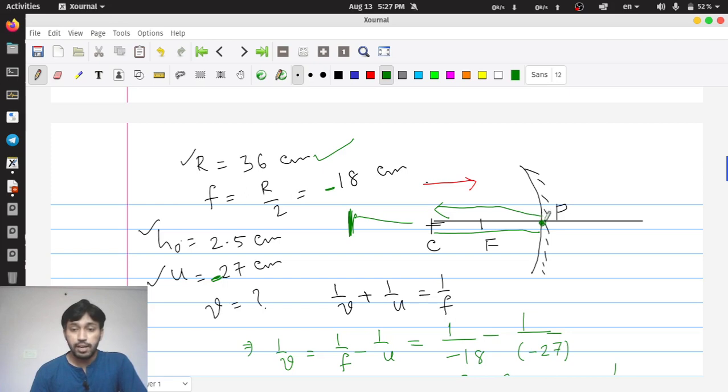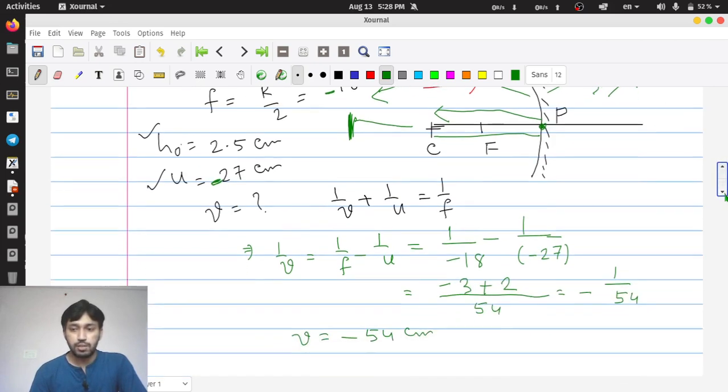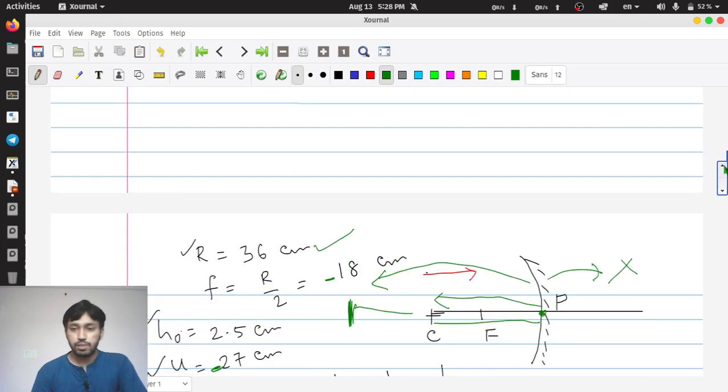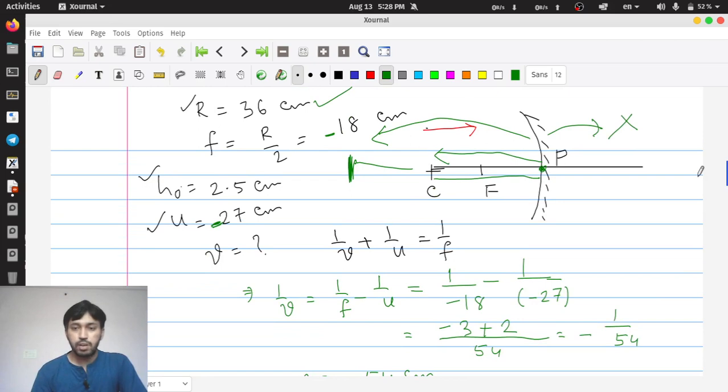This is the pole, and minus 54 means the image will form on this side. Not the other side, because if the image formed on that side, V should come positive, but here V has come negative. So the image will form in front of the mirror.